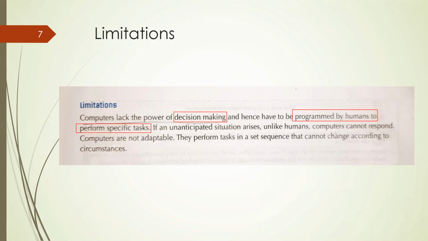It cannot change according to the circumstances. That means it is not adaptable. It cannot adapt to new things according to the circumstances. Okay, so after this, we will go to the next topic.